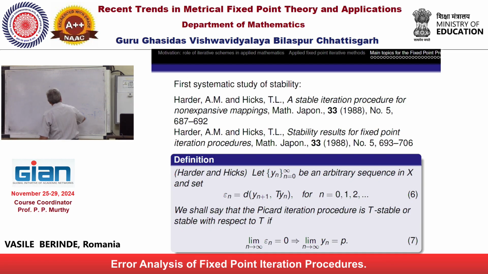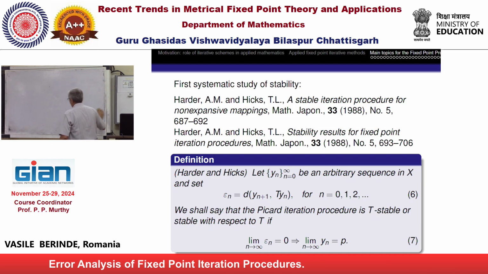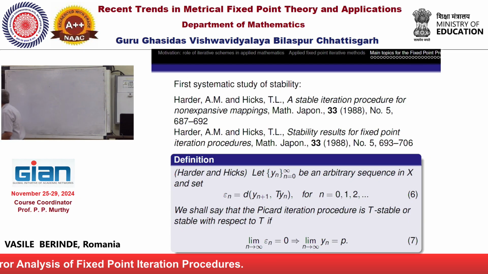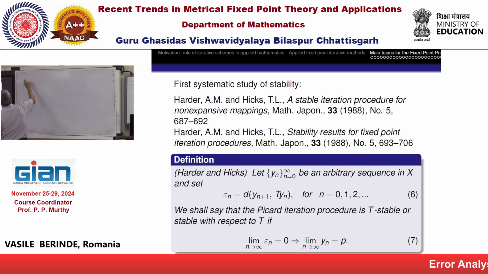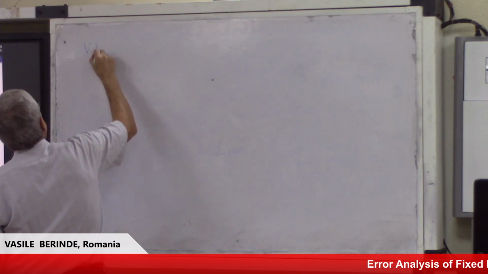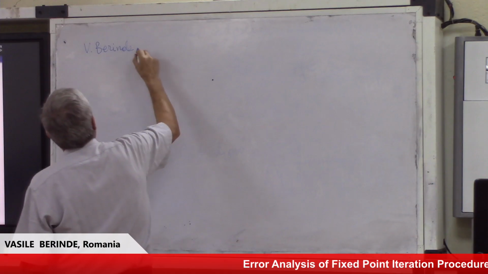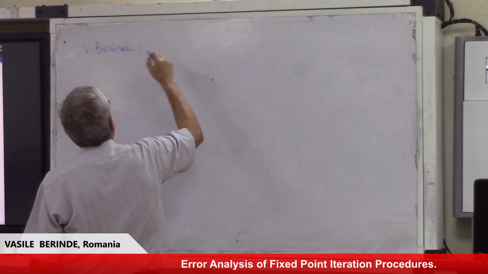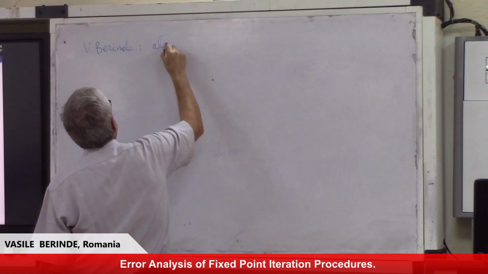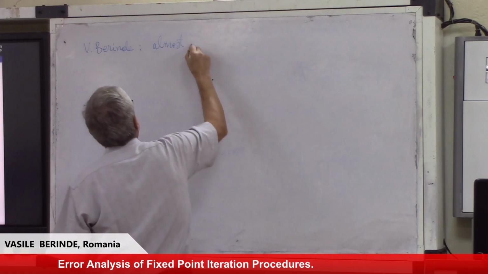Unfortunately, I don't have on these slides the papers I used to publish. So I introduced another concept of stability, which I called almost stability.